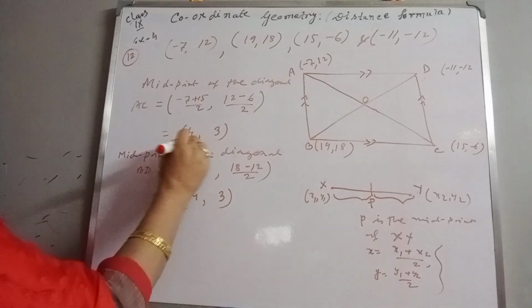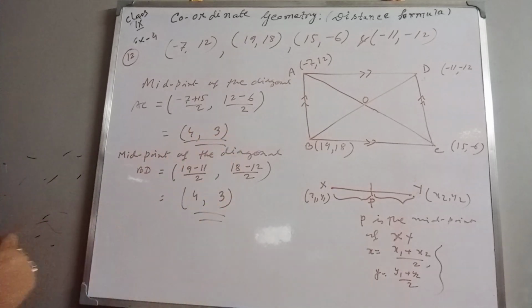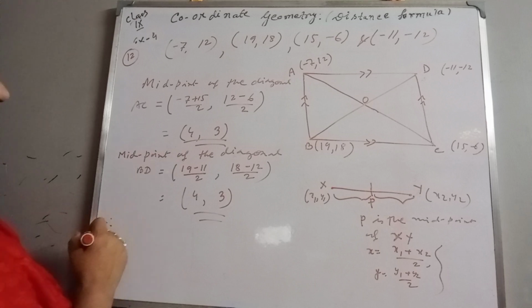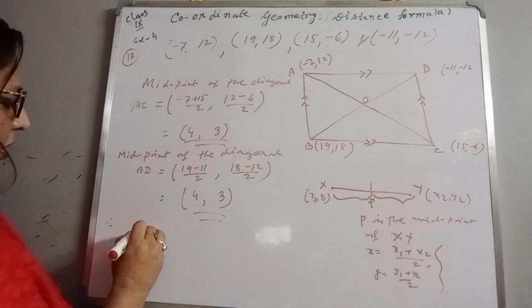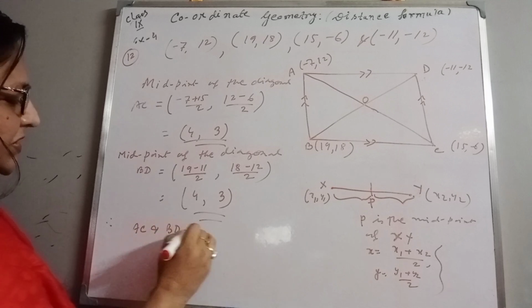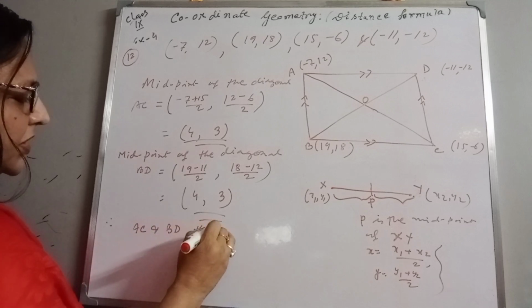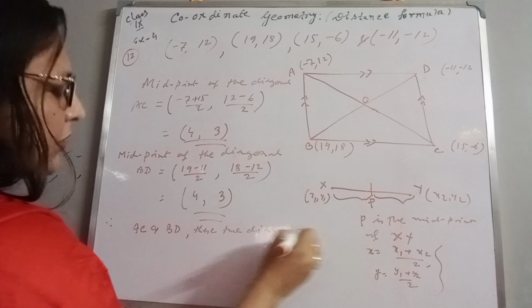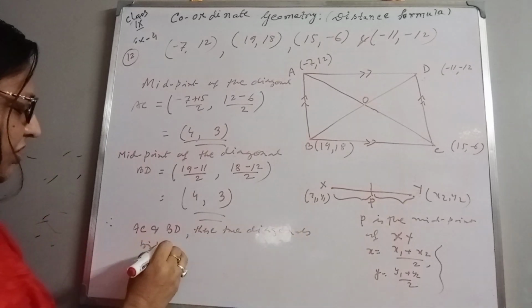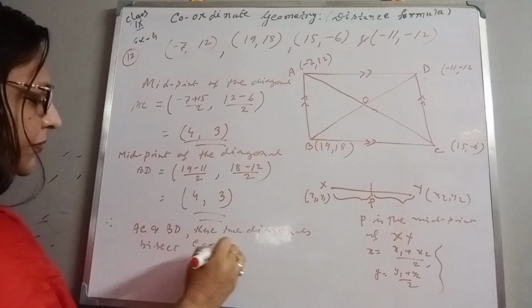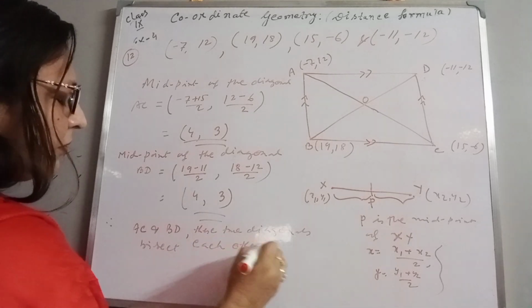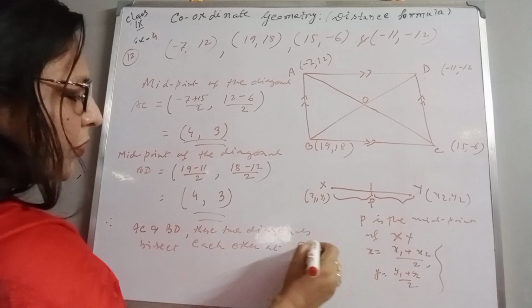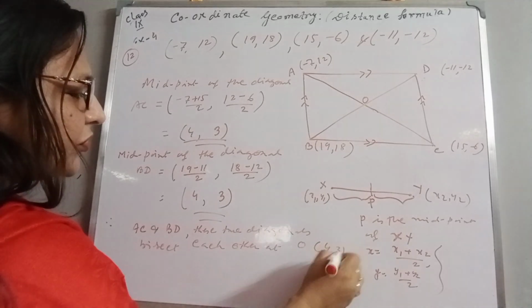Now see, these two points are the same. Therefore, we can say that the two diagonals AC and BD bisect each other at O. O means (4, 3).